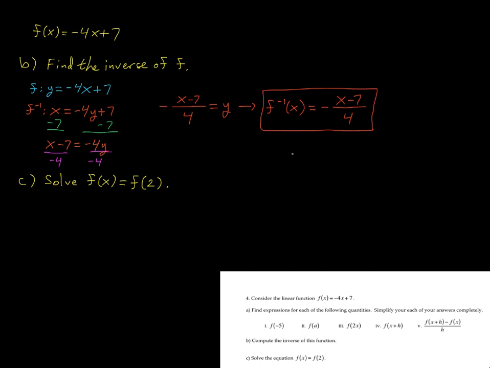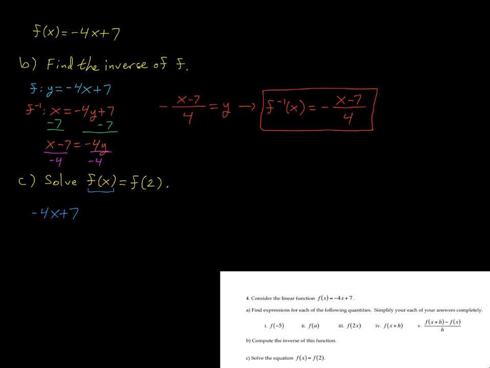Okay. And then lastly, for C, it says solve the equation f of x equals f of 2. On the left side of the equation, we have f of x, which is -4x plus 7. So I'm going to replace f of x with -4x plus 7.